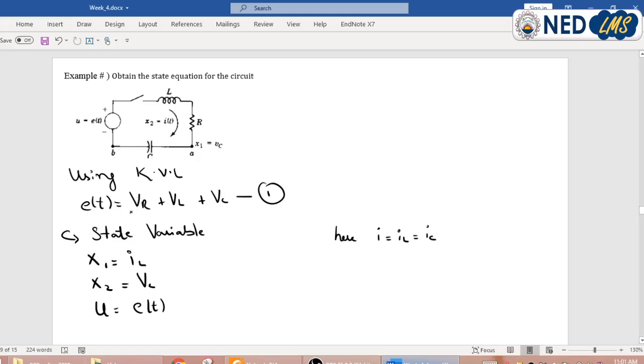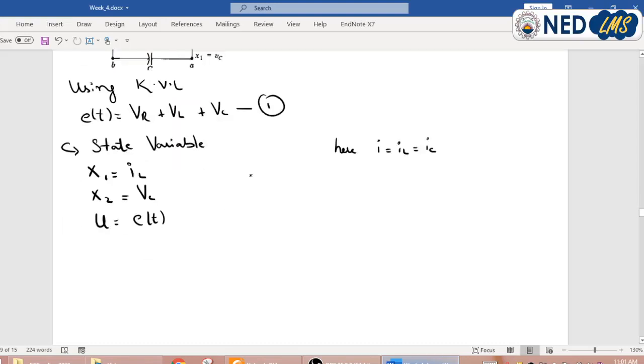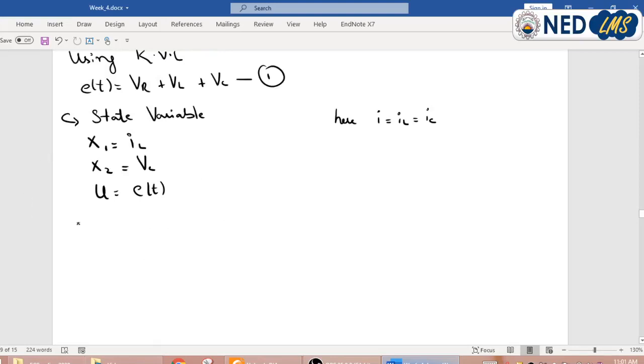From this equation we can find x1 dash. How? Let's see. This is my input, using equation 1, E of t. VR can be written in terms of I into R. This is a series circuit, so IL equals IC equals I through this R. So I into R plus VL, which is L dIL, plus VC.